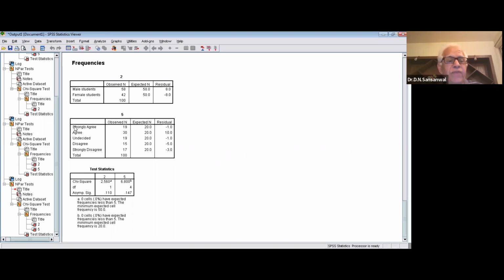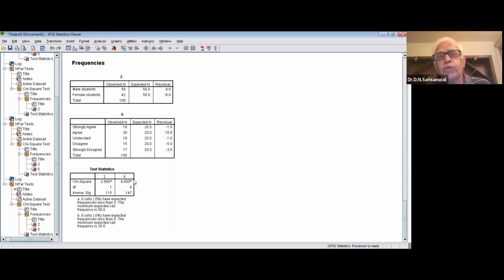This is male and female. This is strongly agree, undecided, and the chi-square value. This is for the gender and this is for the reaction. So both the values are not significant. They are the same as you got earlier.